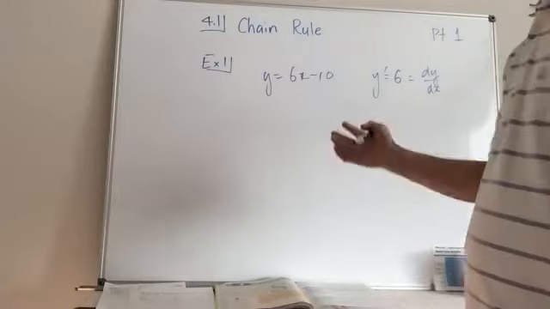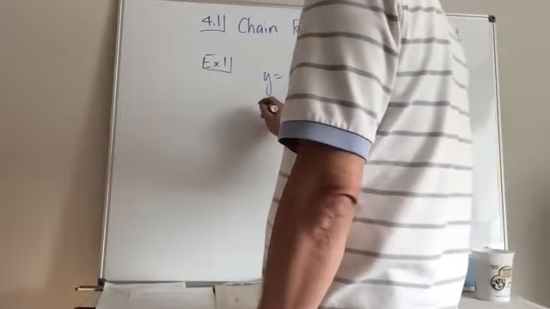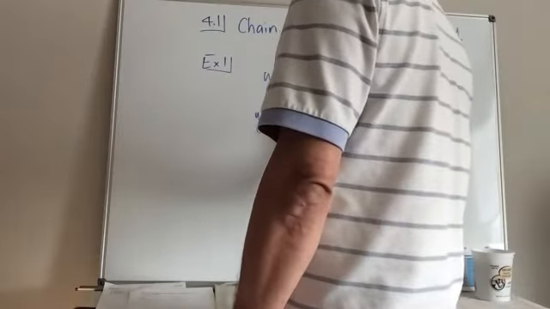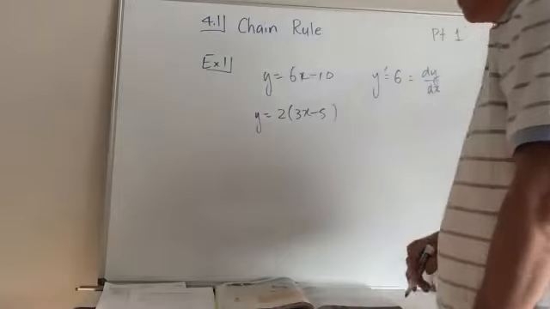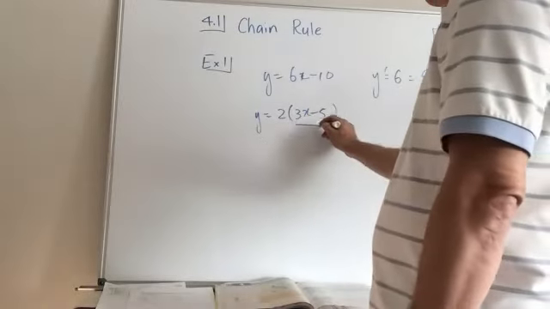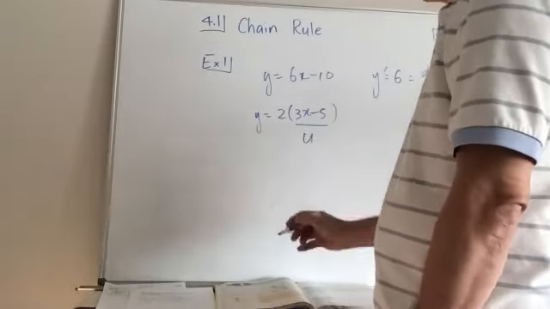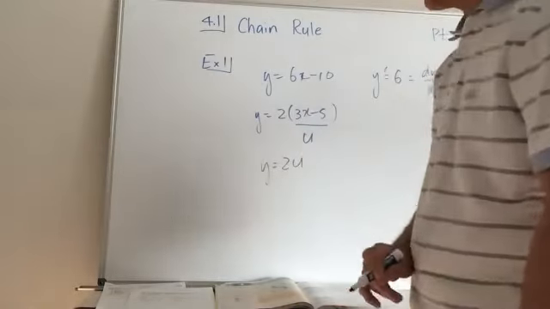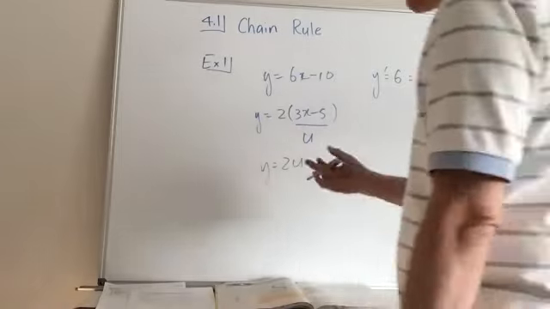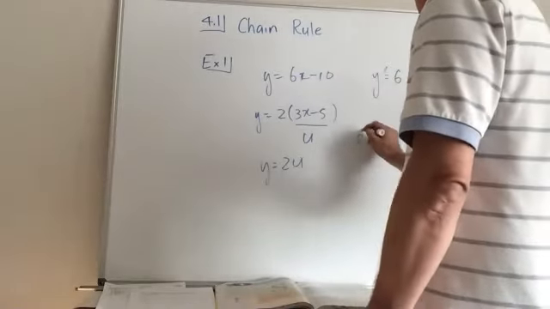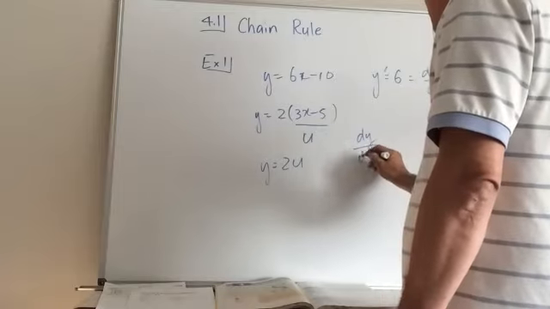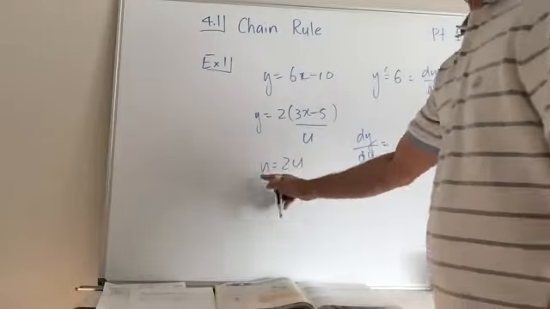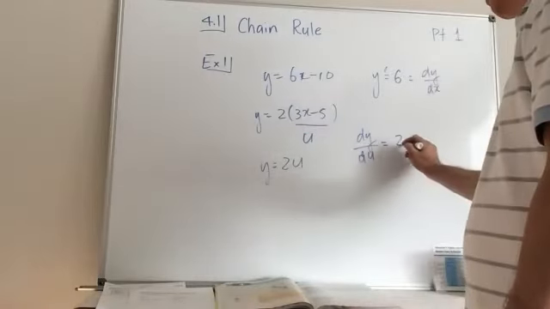However, we can look at this as 3x minus 5, and we can call this u. So y is actually equal to 2u, right? Now I can say dy/du, if I take the derivative of this with respect to u, is 2.